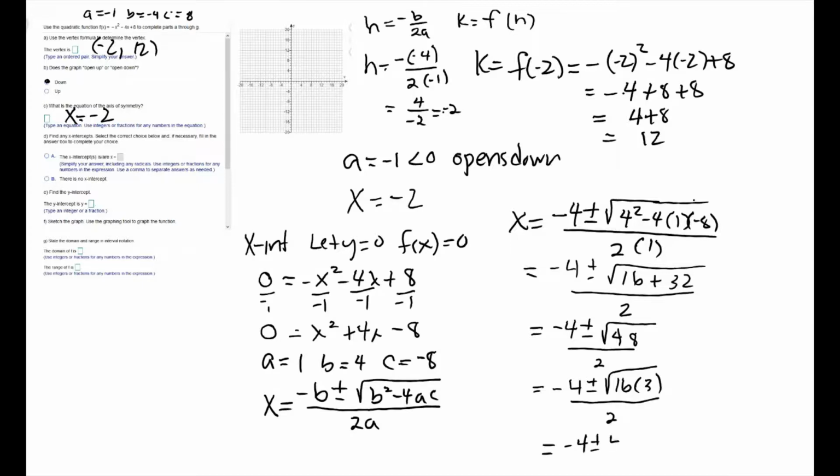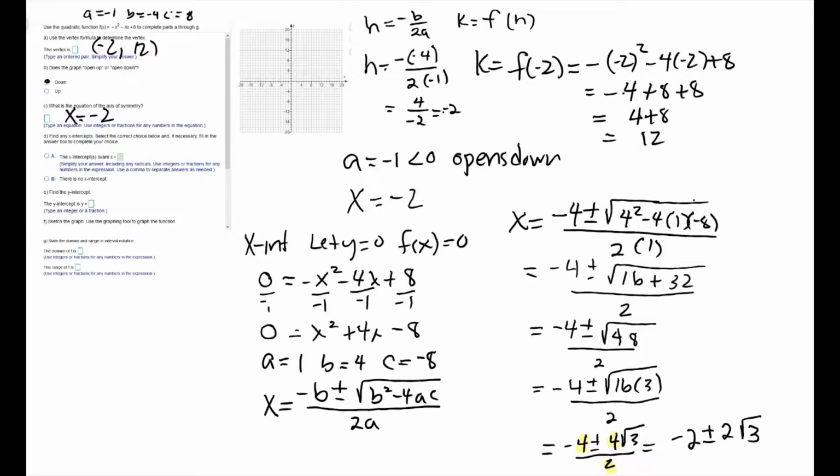Square root of 16 is 4. And then I want to reduce. These three terms have a common factor of 2, so I'm going to divide 2 into each one of them. And that would give me negative 2 plus or minus 2 square root of 3.